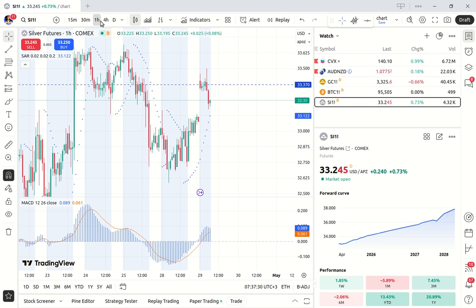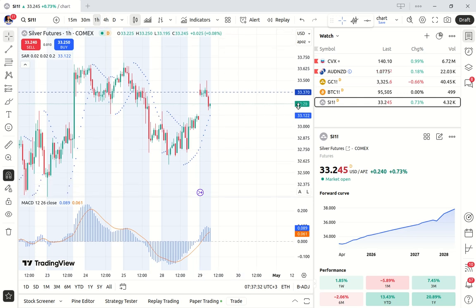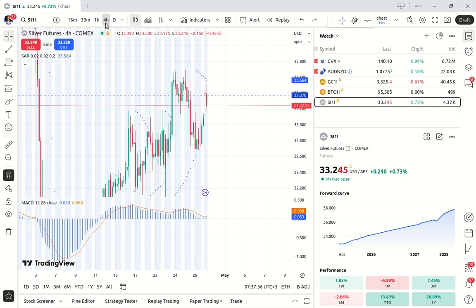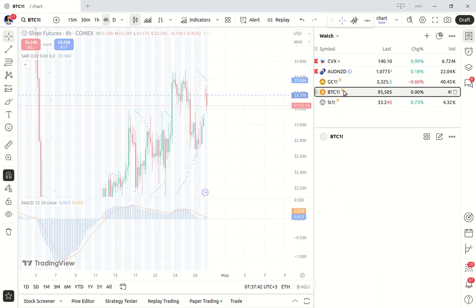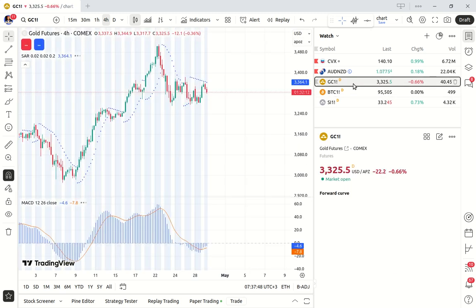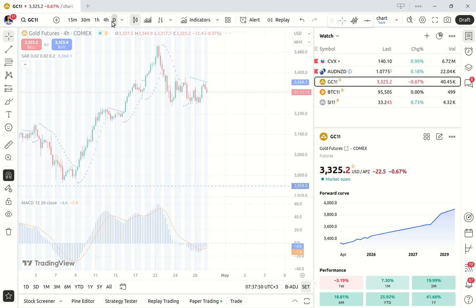In this case I'm looking at silver. I wouldn't trade silver because, like a jump rope, it hasn't jumped over that orange line. I wouldn't trade Bitcoin either. Let's see what we have on gold.